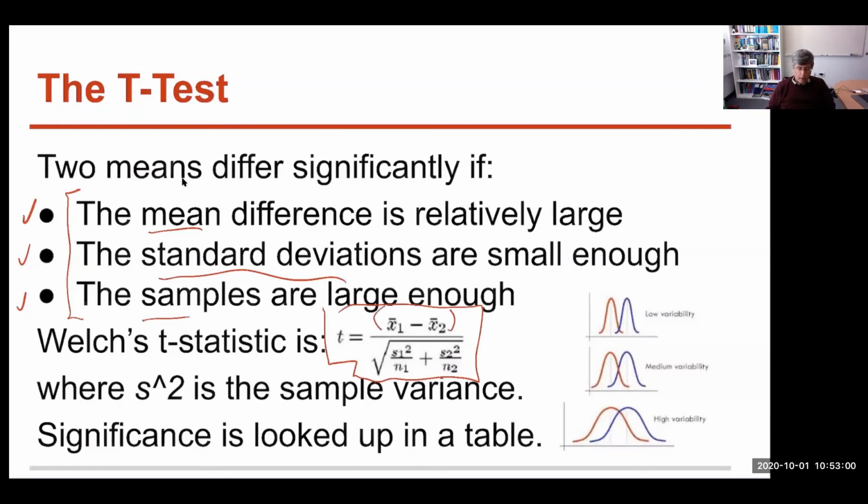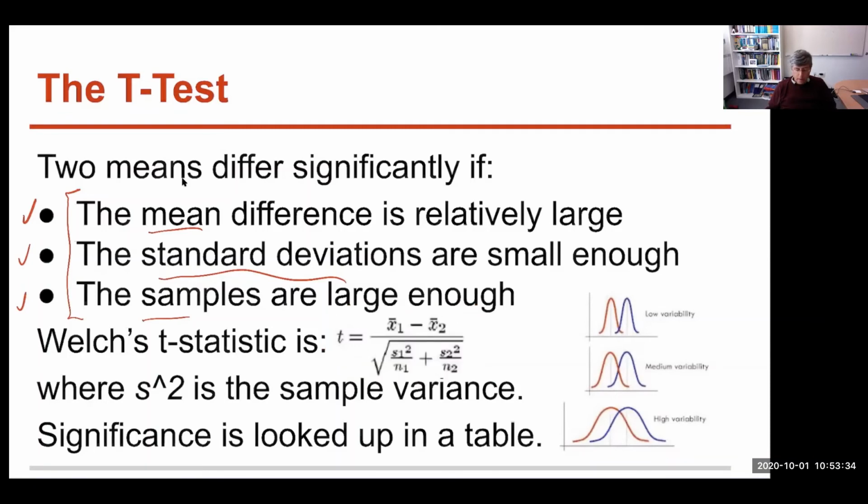That's the numerator. And we divide it by the square root of the square of the standard deviation observed from the first distribution, that's the variance, divided by the number of samples from the first distribution, plus the variance observed in the second distribution, divided by the number of samples.